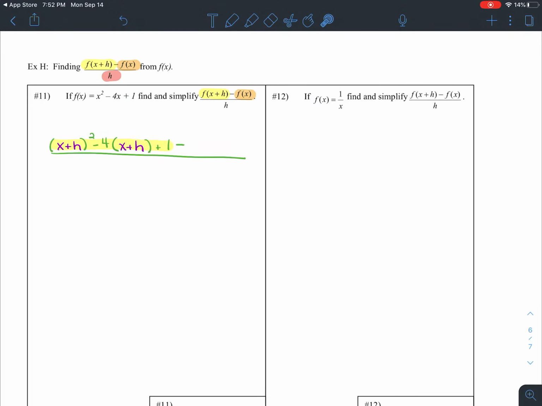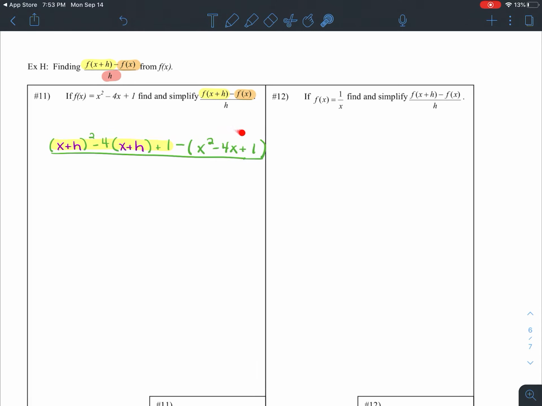Okay, now after that, you'll notice it is subtraction. That's why this is called a difference quotient. So you're going to subtract from that the original function f of x that you were given in the problem. Now here's where you're going to have to be careful. There are three terms to f of x.